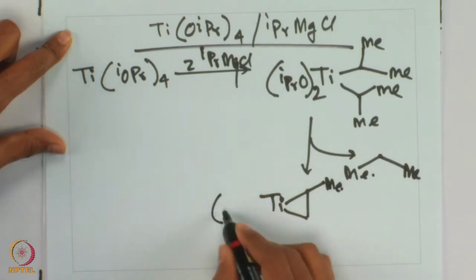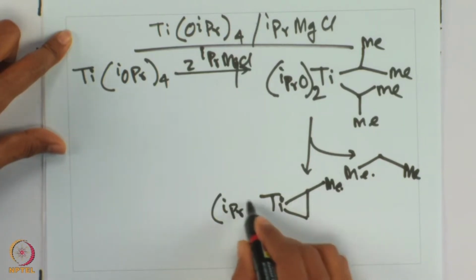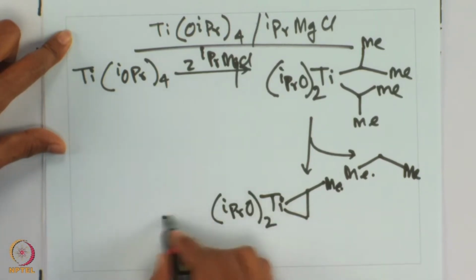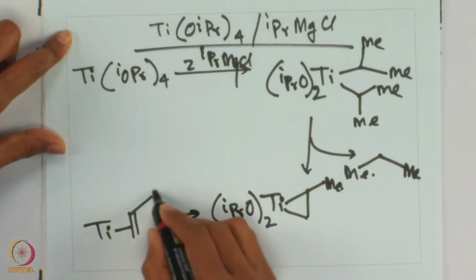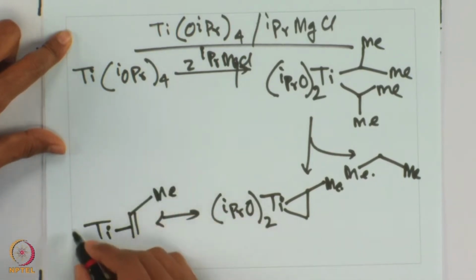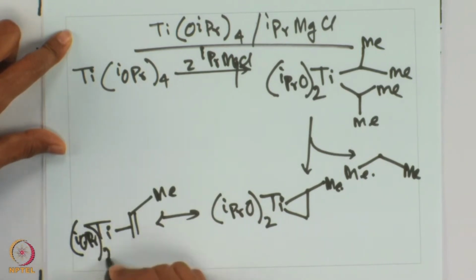So, a metallacycle will form, and 2 of the isopropoxides will be attached to it. If you look very carefully, this is nothing but the olefin coordinated titanium diisopropoxide intermediate.